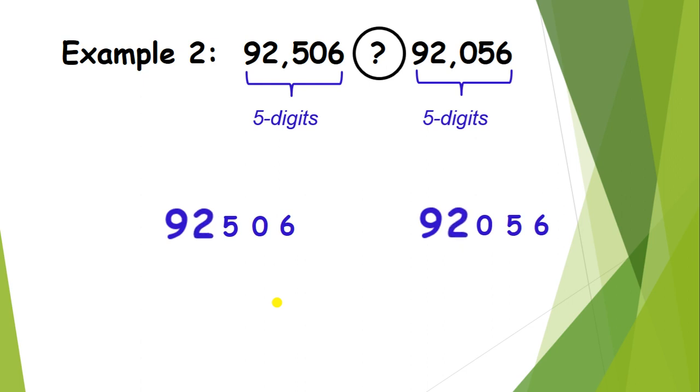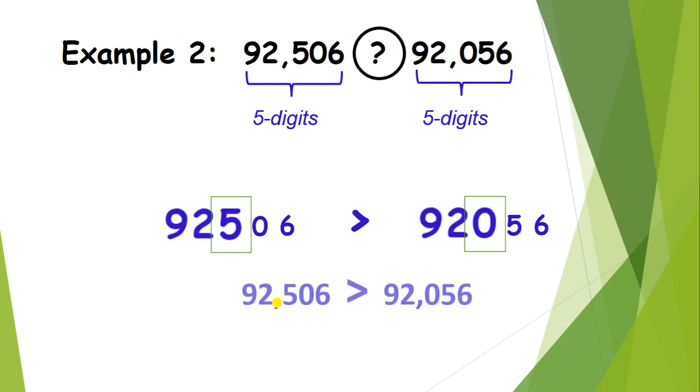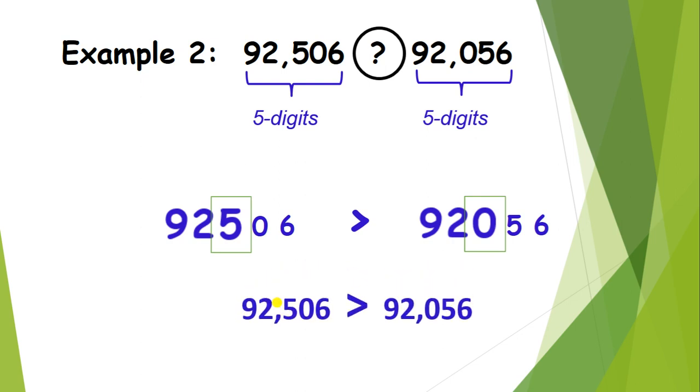The second digit is 2, that is also same for both numbers. Let's see the next one. In the first number it is 5 and in the second number it is 0. So here 5 is greater than 0. Therefore we can say the first number is greater than the second number. So here we can write 92,506 is greater than 92,056.